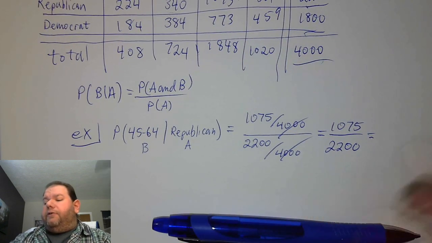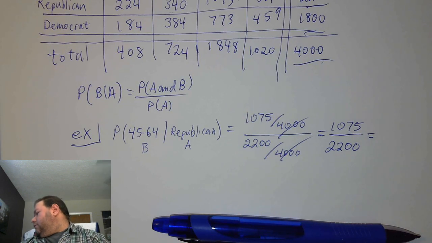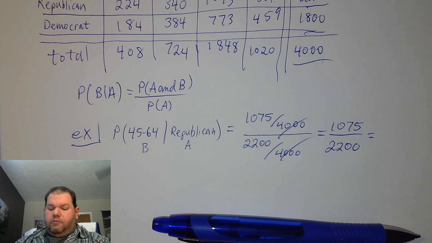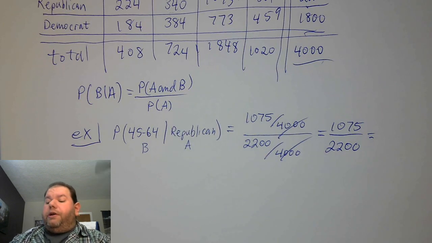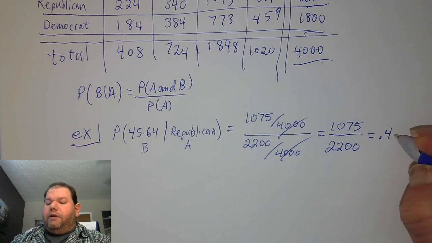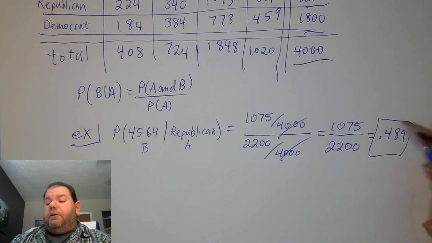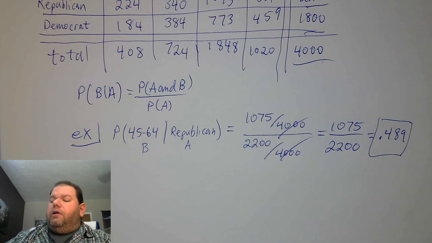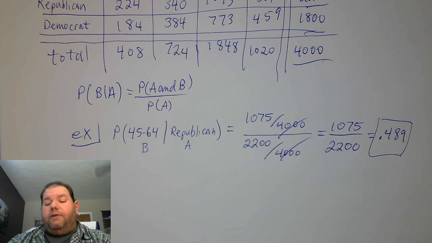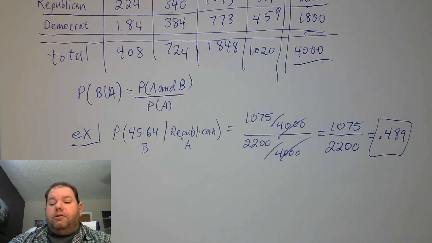And then that works out to 0.489. Three decimal places is probably the best way to do it, 3 or 4. So about 49% of the time, given that we selected a Republican, about 49% of that group is going to be in the 45 through 64 range.